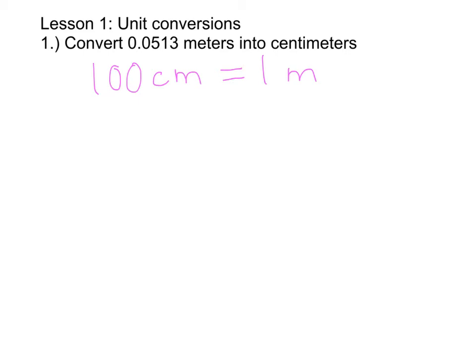So we simply start out with what we know. You always start with the information that's given to you. So we start out with 0.00513 meters. Now we're going to multiply this by its conversion factor to convert from meters to centimeters. I'm just going to do this in another color. We'll put meters on the denominator so that our meters cancel out.